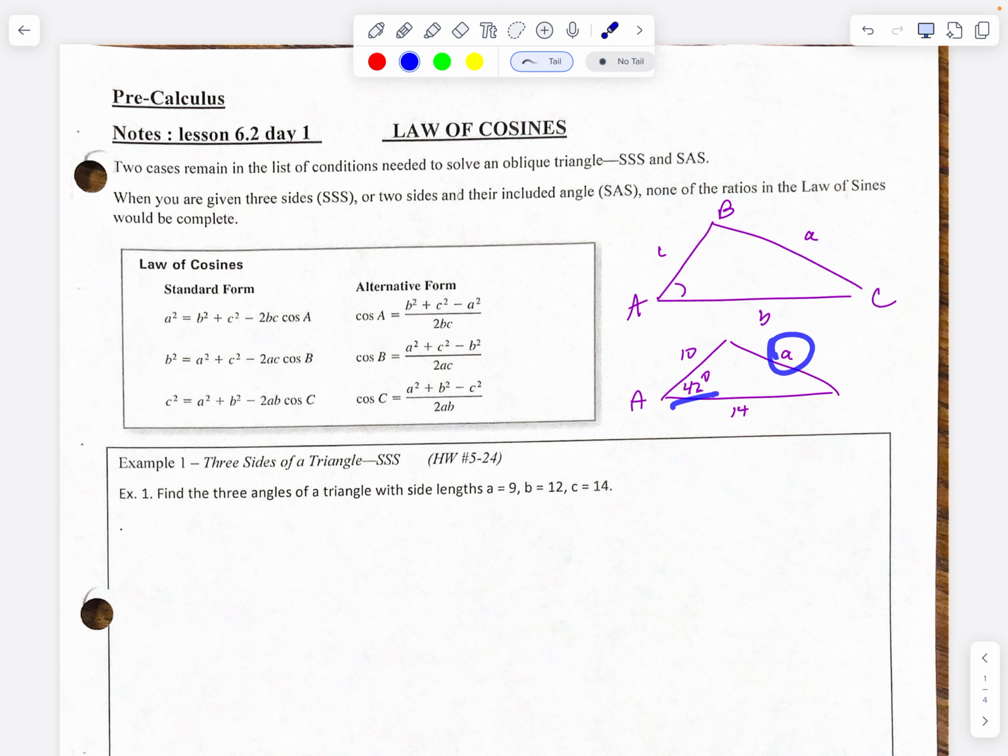And the 2BC is the product of the 2 sides that include the angle doubled. And so the sides that include the angle we're trying to find are the 12 and the 14. And so to find the measure of angle A, we are just going to do the inverse cosine of those.